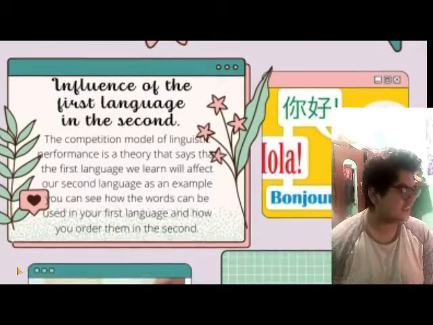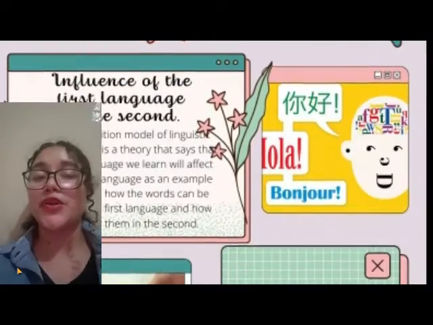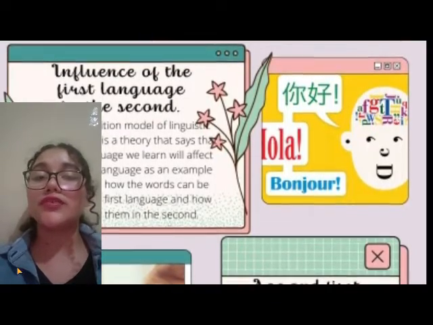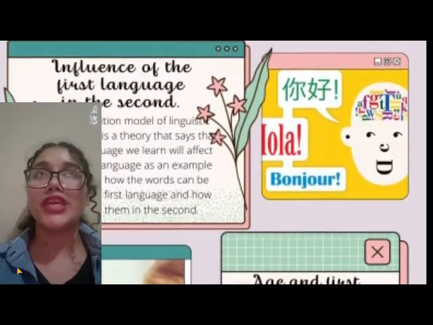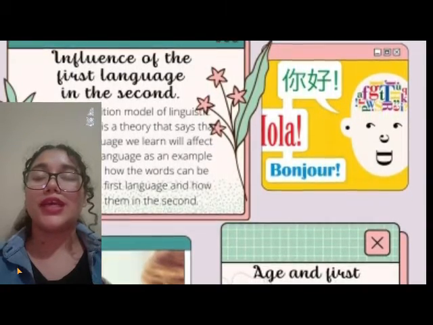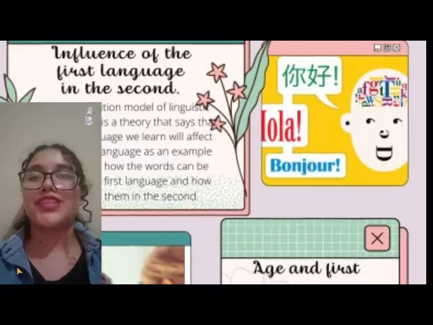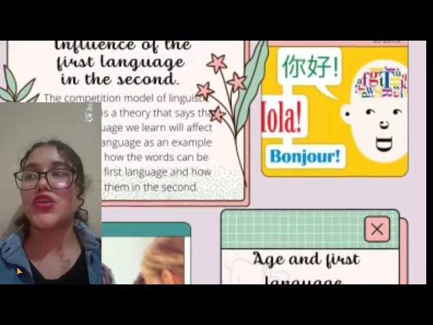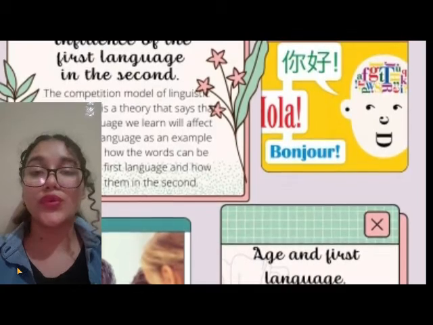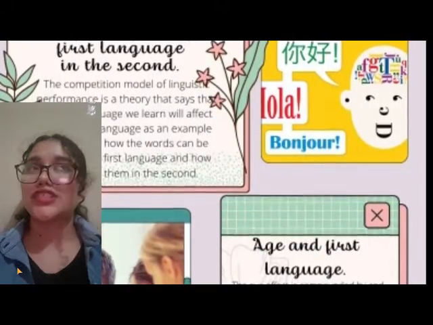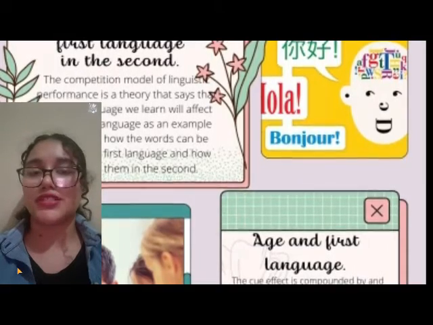The third one is Bruner. For Bruner, scaffolding and routines. We know about scaffolding and routines. That's so important when we teach a person. That's so important when we need to teach a new language, the second language, or any language with the children, with the teenagers, or with any person.